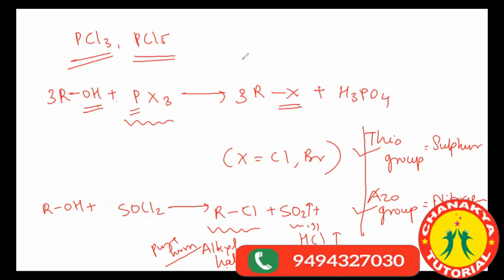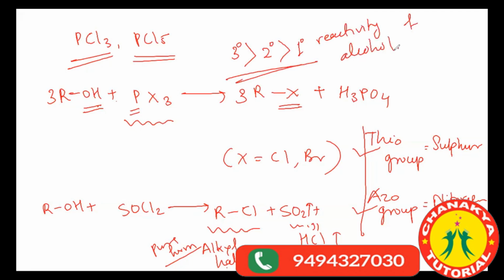If you see the order of reactivity of these alcohols, tertiary alcohol reacts faster as compared to secondary, and secondary will react faster as compared to primary. So this is the order of reactivity of alcohol with respect to hydrogen acids, we can say hydrogen halides as well. So this sequence also you need to keep in your mind.